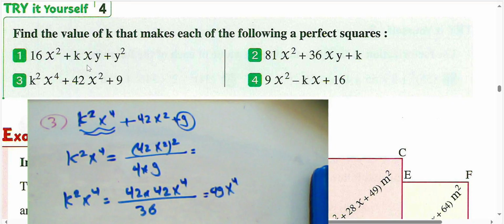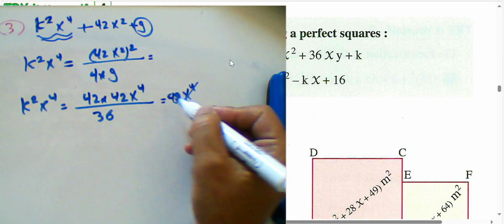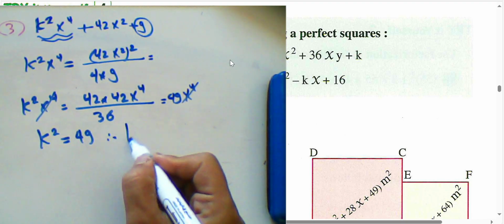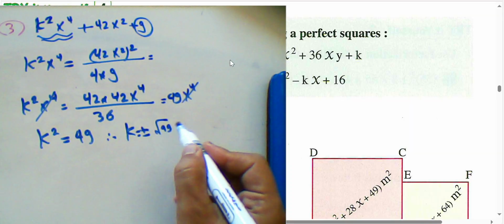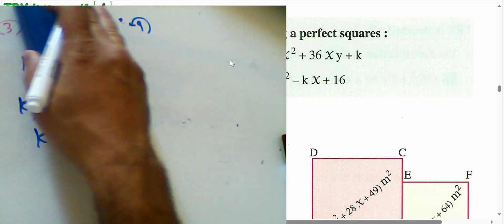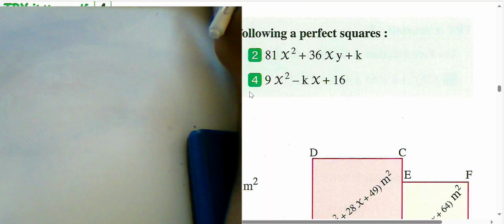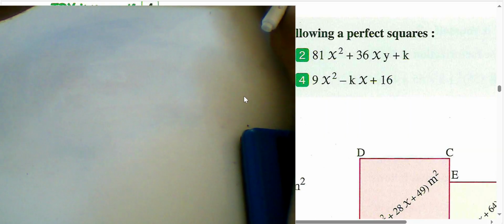Okay, then we can find the value of k. Then k power 2 equals 49. Then the value of k equals positive or negative square root of 49, to be positive or negative 7. It's the value of k. Next question, number 4. We can find the value of k.